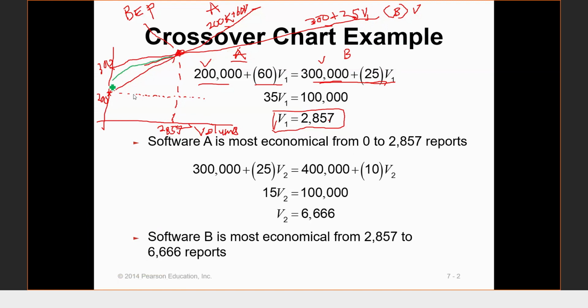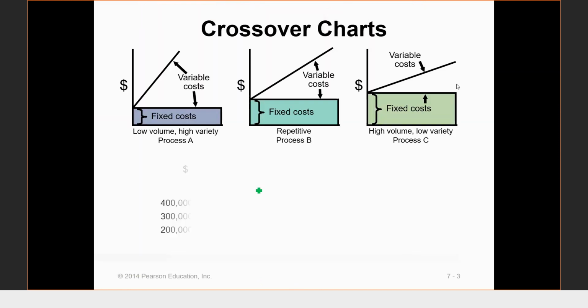If you are producing less than this, A is cheaper, but if you produce more, we should take B, software B. We will discuss more on this break-even for profit and loss later on.